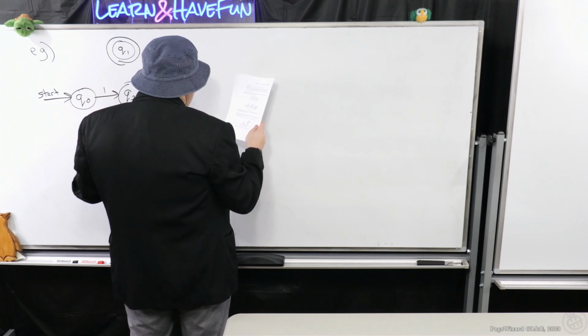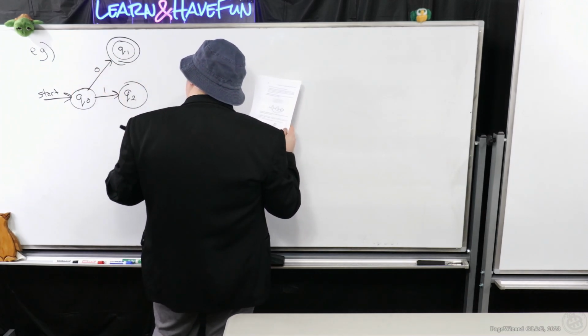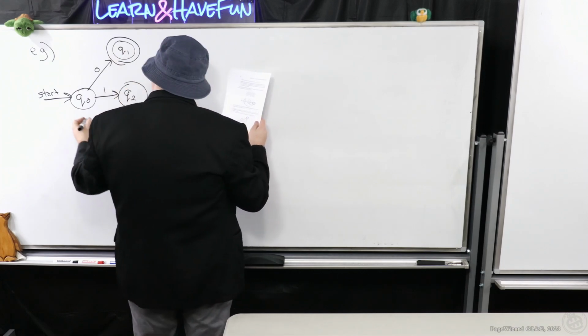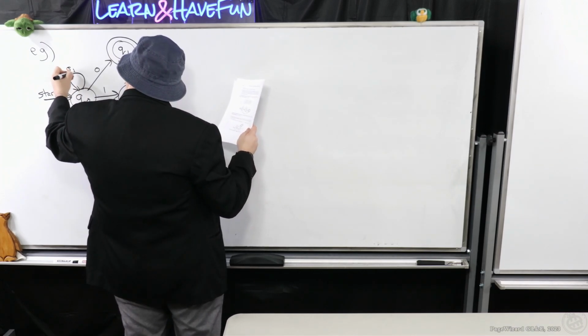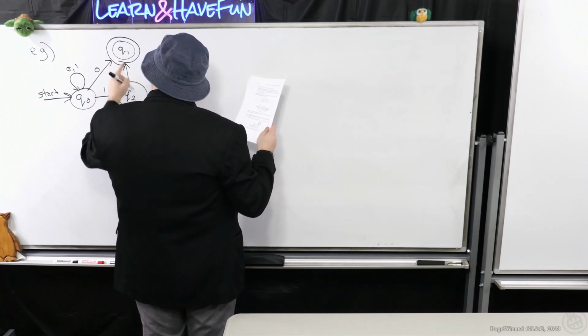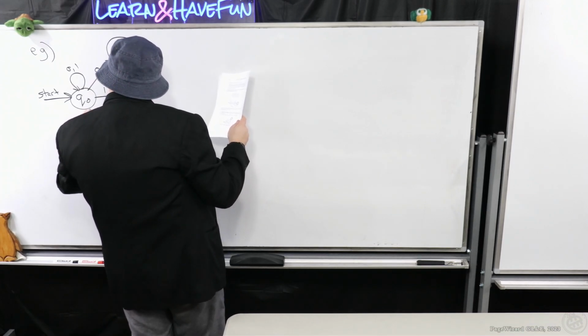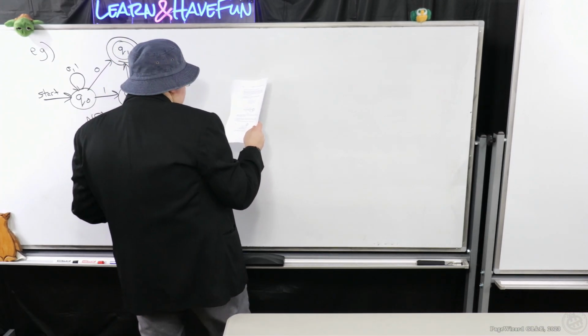We're going to have a 1 and a 0 leaving Q0 to Q2 and Q1 respectively. We're going to have a self loop with a 0 and a 1 on Q0. And we're going to have a transition from Q2 to Q1 on a 1. So this is our NFA N1.